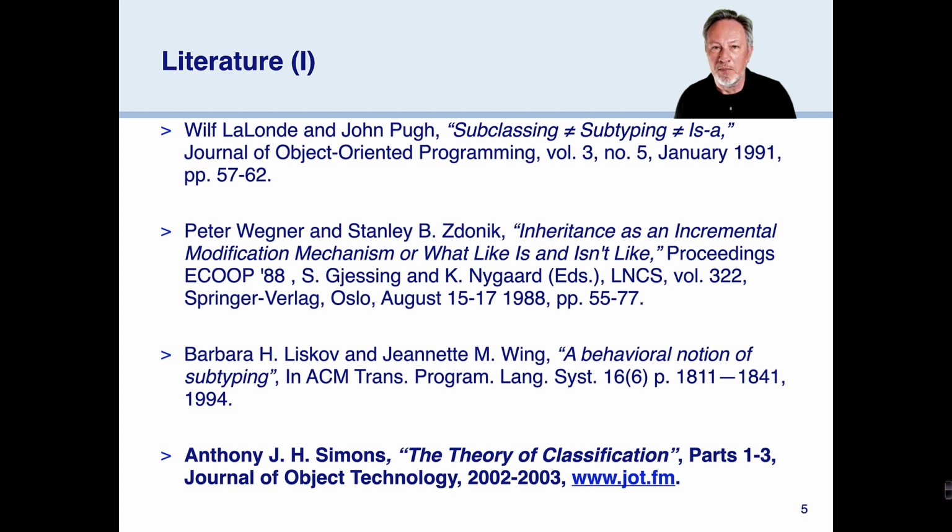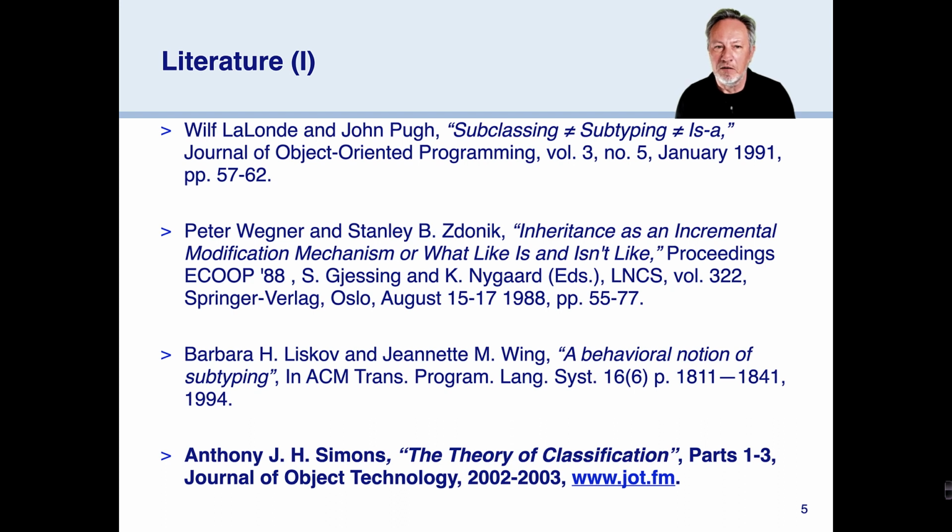I highly recommend you to use this as a backup source, and I'll be using his lecture notes for the lecture today. Also for this first part, there are several classic articles that I'll be referring to.